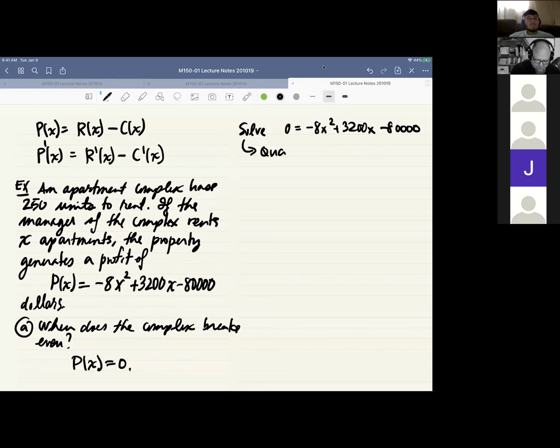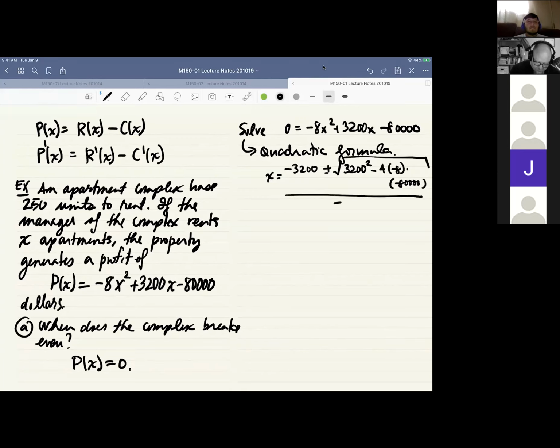And you just use the quadratic formula. So the solutions to this are x equals negative 3200 plus or minus the square root of 3200 squared minus 4 times minus 8 times minus 80,000, all divided by 2 times the negative 8.